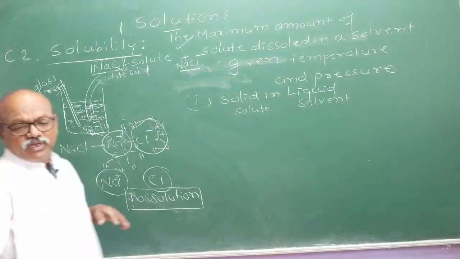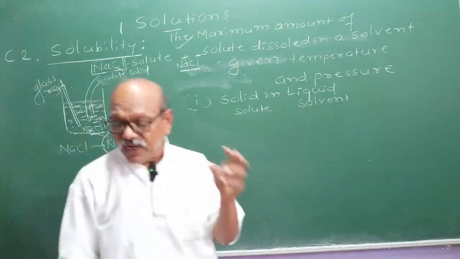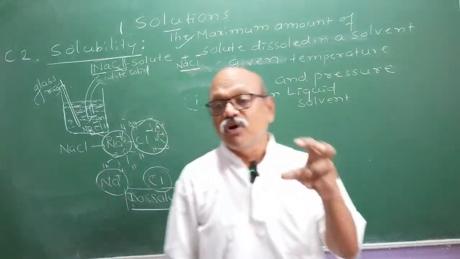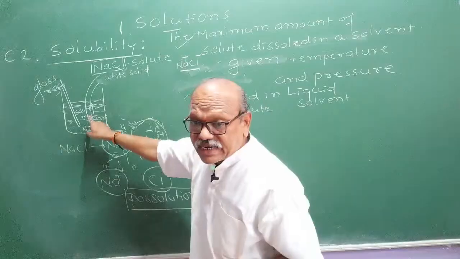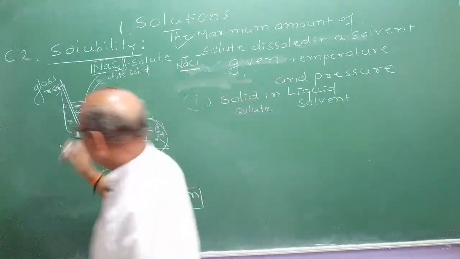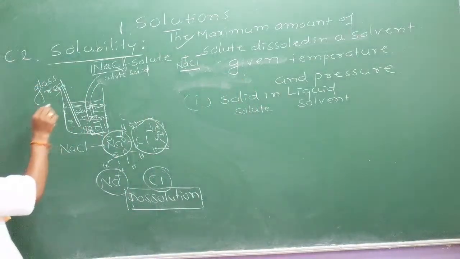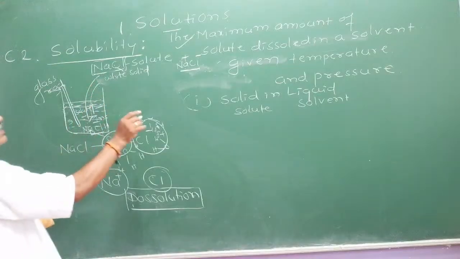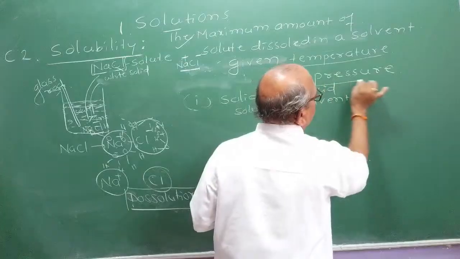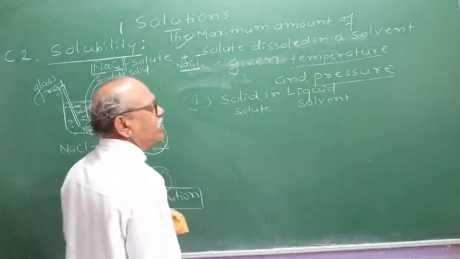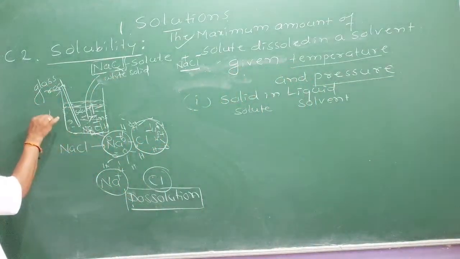So every solvent will have a certain capacity to dissolve solute particles at a given temperature. Therefore, solubility depends upon 2 factors: one is temperature, another is pressure, right? That means at a given temperature and pressure.